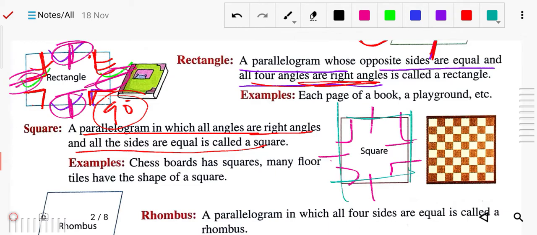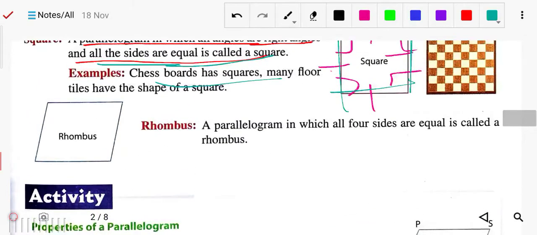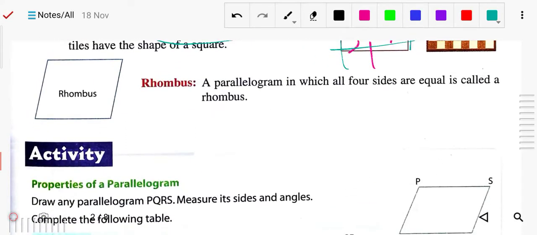So a parallelogram in which all angles are right angles and all sides are equal is called a square. An example is a chessboard.